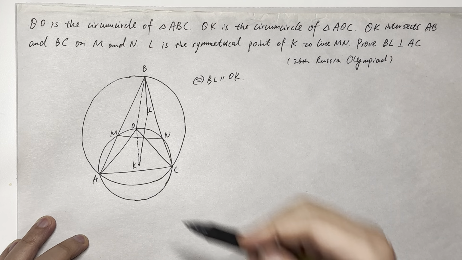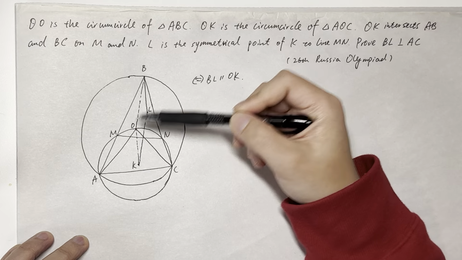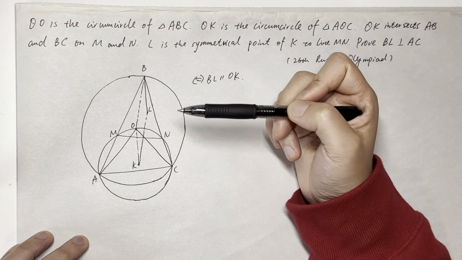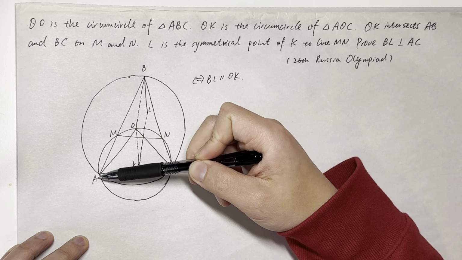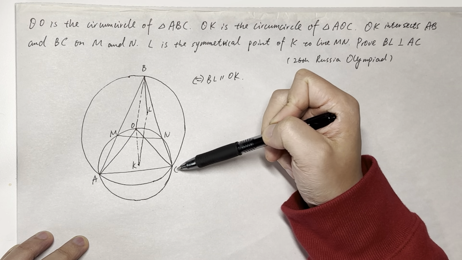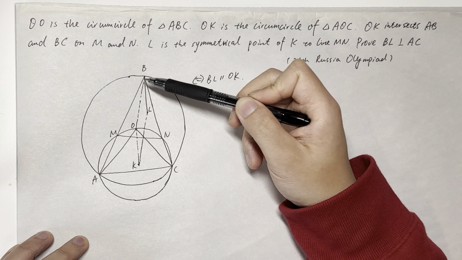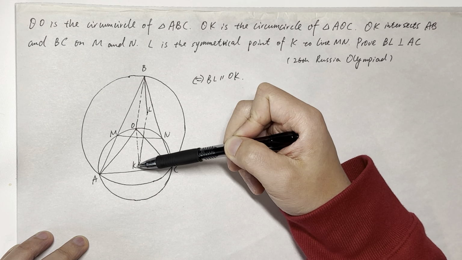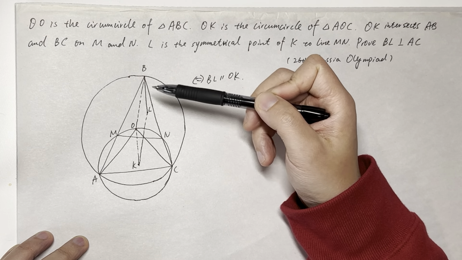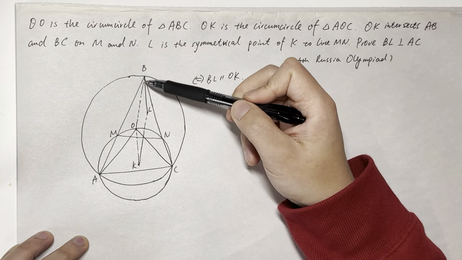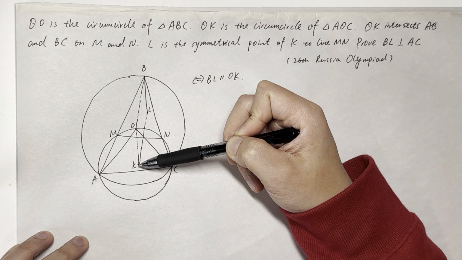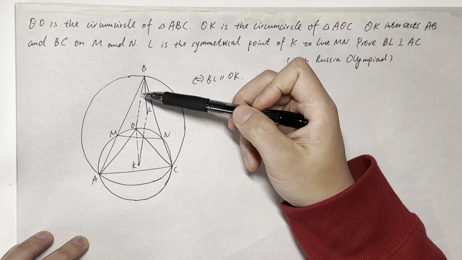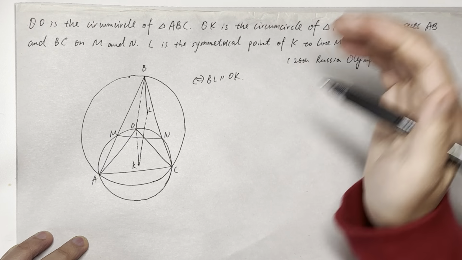So if we look at the figure, we have some line relations here: OB equals OA equals OC. If we want to prove that BLKO is a parallelogram, and we don't want to use the condition that BL is parallel to OK, then we can do several other ways.